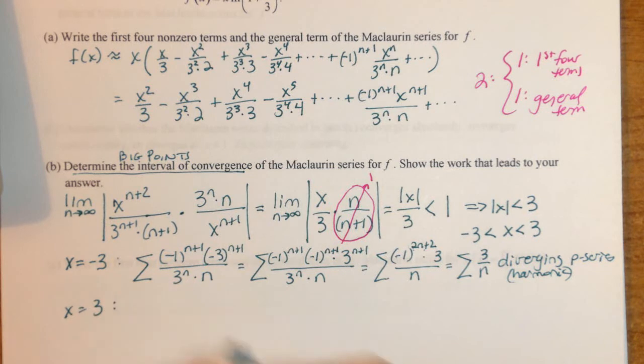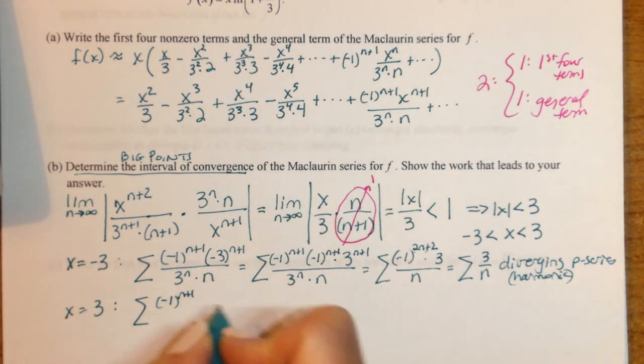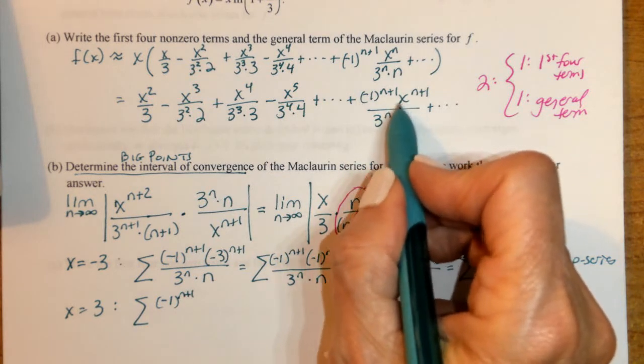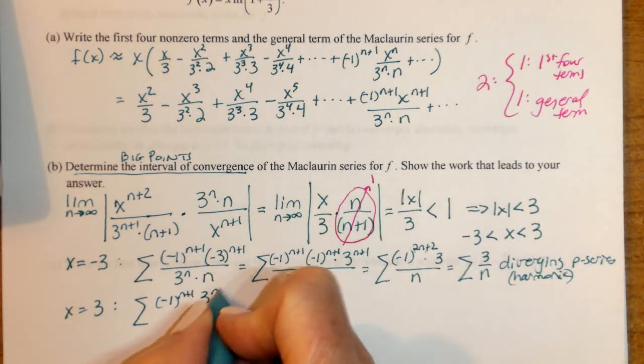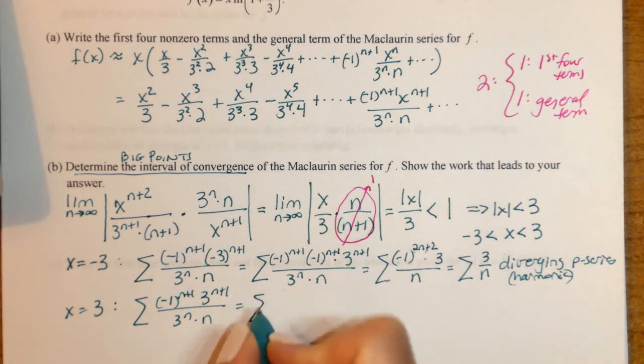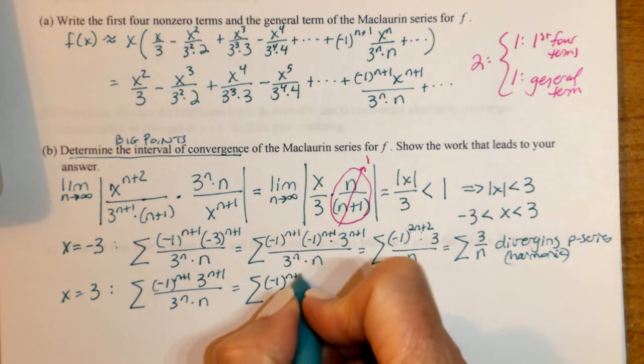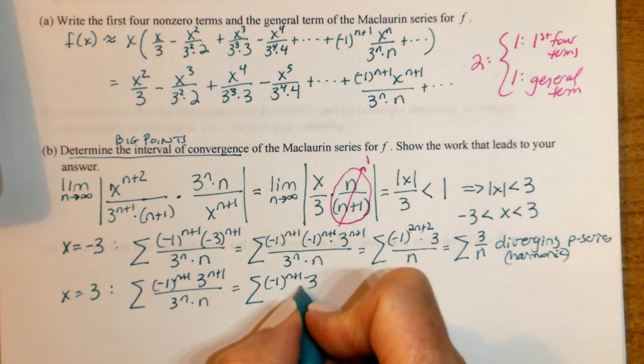Now we test x equals 3. We'll have negative 1 to the n plus 1, and I'm replacing x with 3. If we clean that up, the 3's reduce and leaves just a 3 on top.